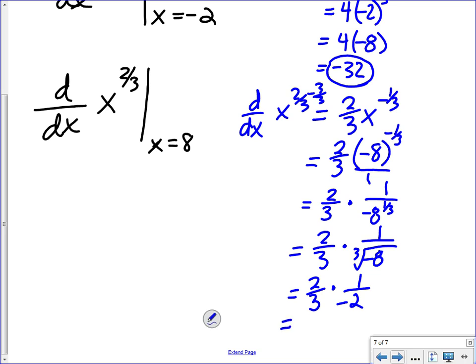And then multiply straight across, or you can even cross reduce your 2's here. And you're going to end up with negative 1/3. And I just noticed I plugged in a -8, and that's okay. We're just going to make that a -8 in the example instead of changing all that work.